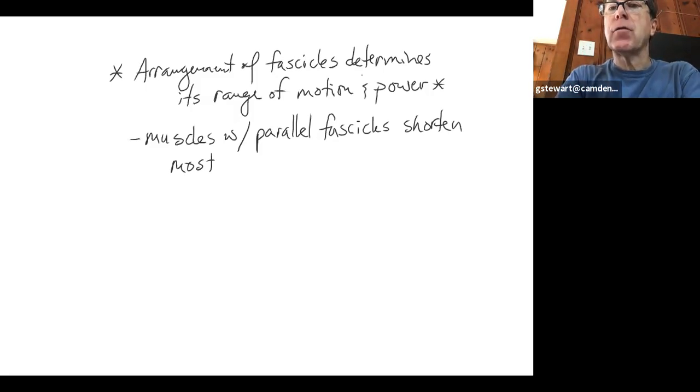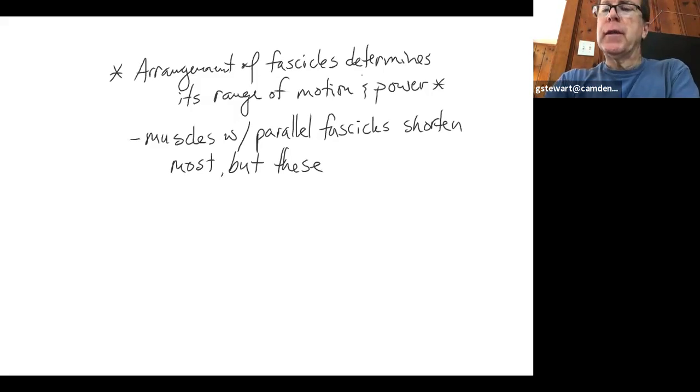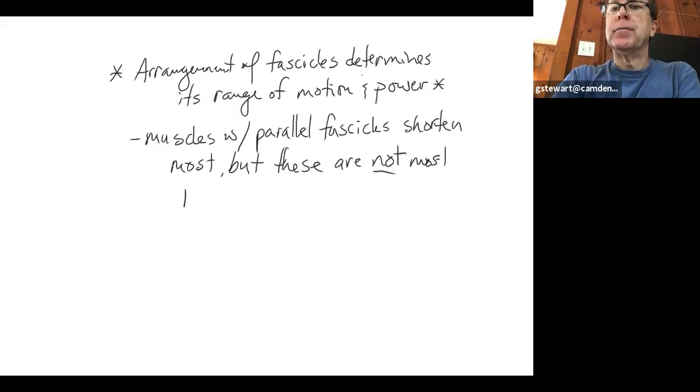So the fascicles shorten the most, but these tend to be weak in terms of power.